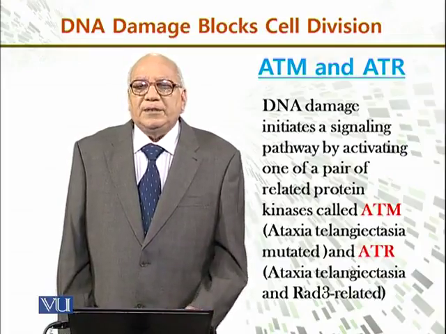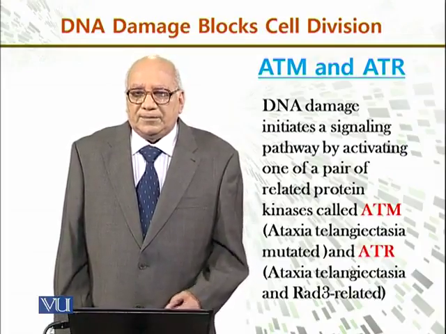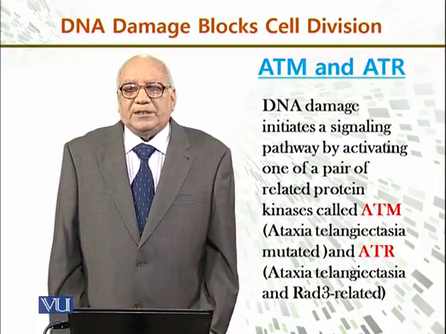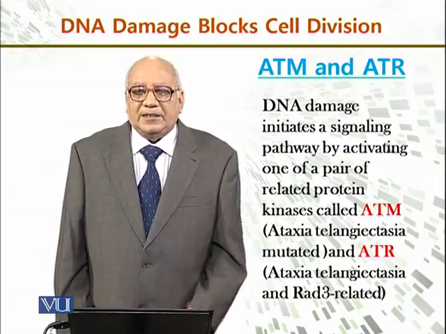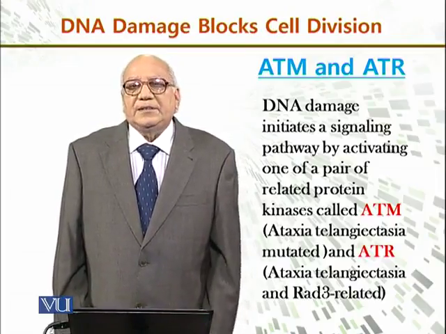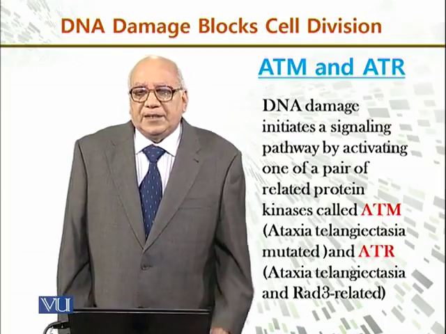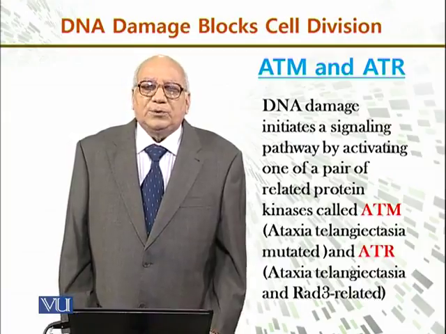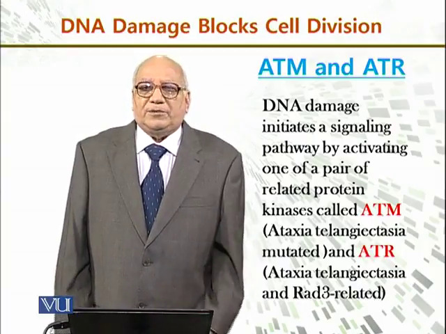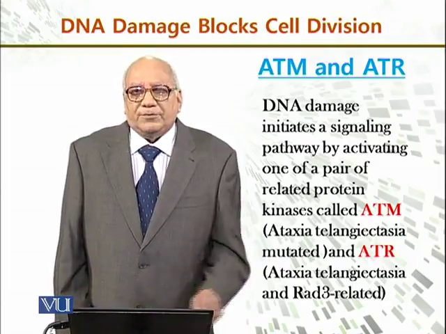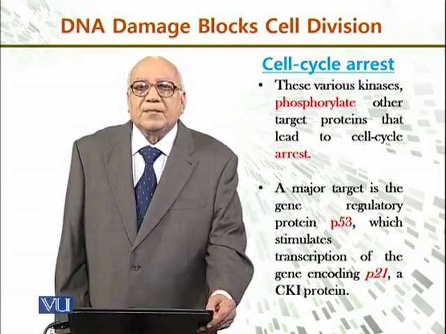ATM is Ataxia telangiectasia mutated, and ATR is Ataxia telangiectasia and RAD3 related protein, which are responsible for initiating the signaling pathway by activating one of the pair of these proteins.